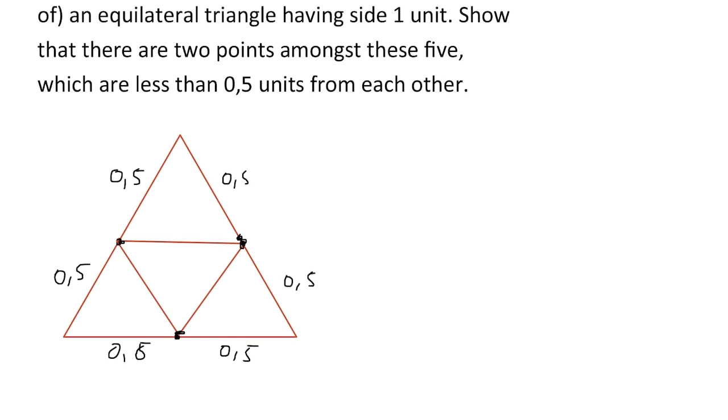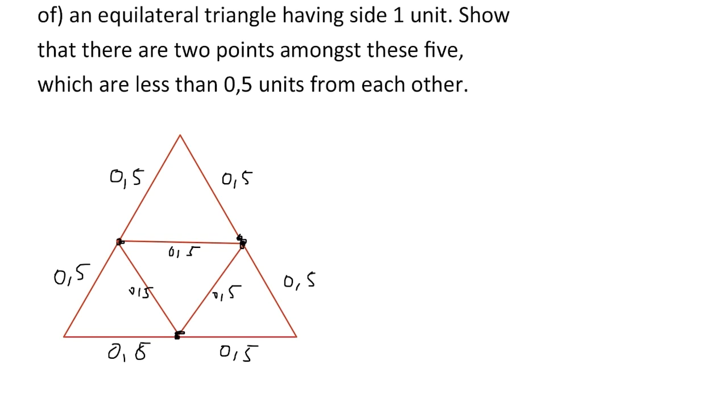This will also be 0.5 because I divided the triangle into 4 equilateral triangles. Okay, now I have 5 points that I need to place in these 4 equilateral triangles.